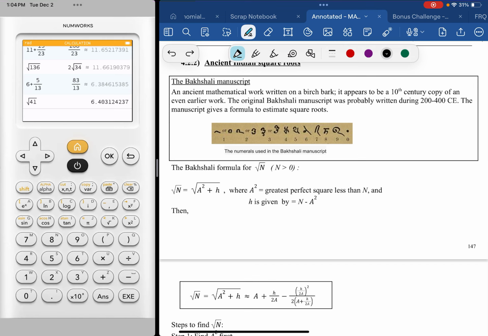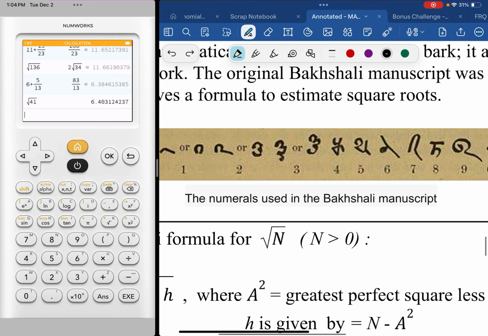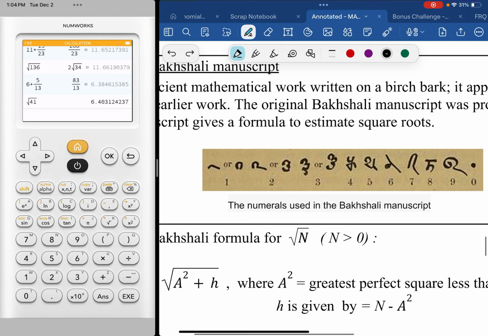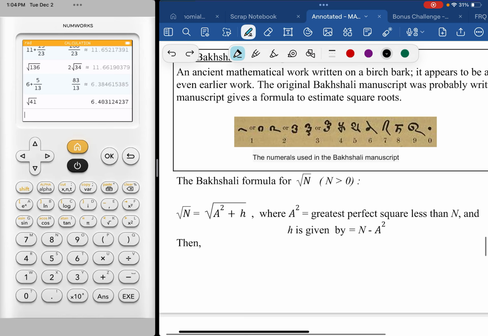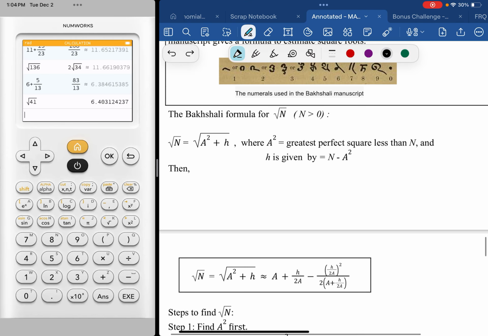You kind of get that from the notation that's used there, and really just a translation. If you see those particular symbols, that would correspond with a particular root. So the formula for the square root of n: the square root of n is equal to the square root of a squared plus h.